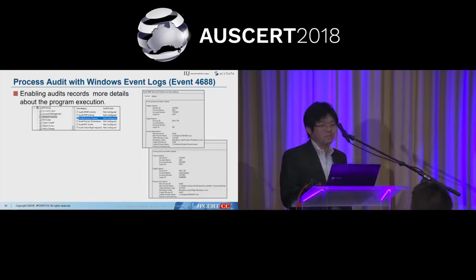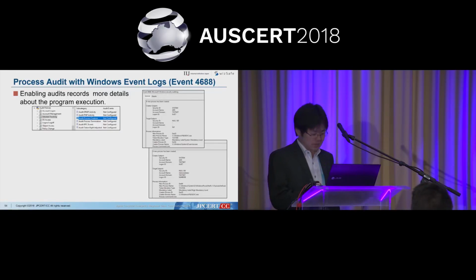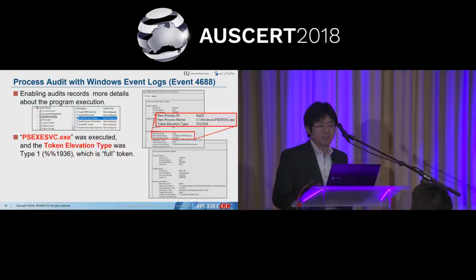If you decide to audit process creation in the auditing policies, what you can see for PSExec being executed is PSEXESVC.exe being executed, and the token elevation type was type 1, or %%1936, which means the full token.